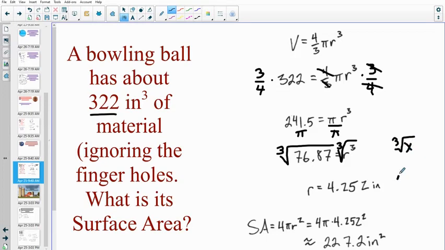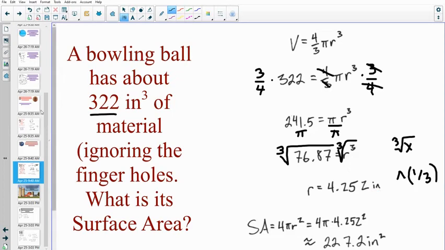And if you don't have something like that, if you're using a caret, you can also raise it to the 1/3 power. Just don't forget to use parentheses when you do that. Anyway, however you do that on your calculator, the cube root of r cubed is r. The cube root of 76.87 is about 4.25, about 4¼ inches.